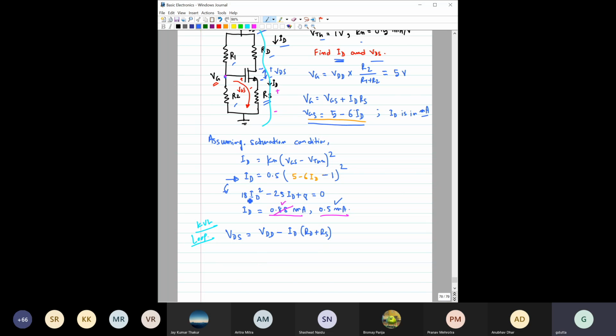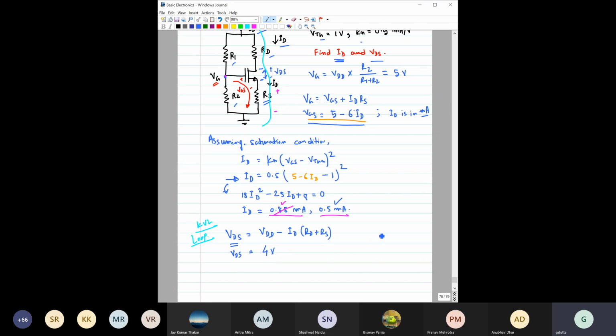So from here we know all the things except this VDS. So that way we can find the value of VDS. I think it would come around 4 volt. Yeah, maybe please cross check. We are not doing the complete calculations again here, but I request you to please do a cross check of this value. So VDS is expected to be around 4 volt here.